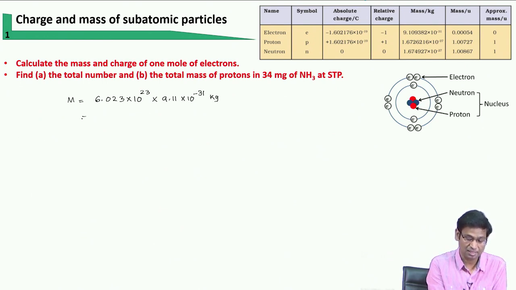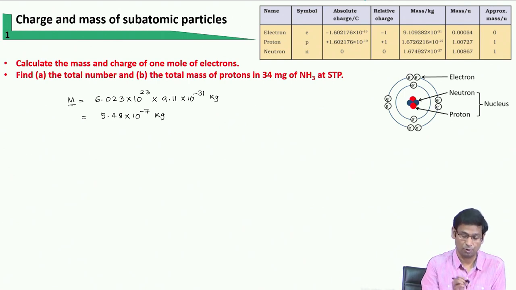So, the mass of 1 mole of electrons comes out to be 5.48 into 10 to the power minus 7 kilogram.